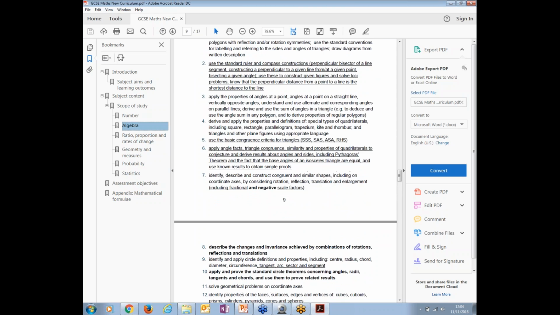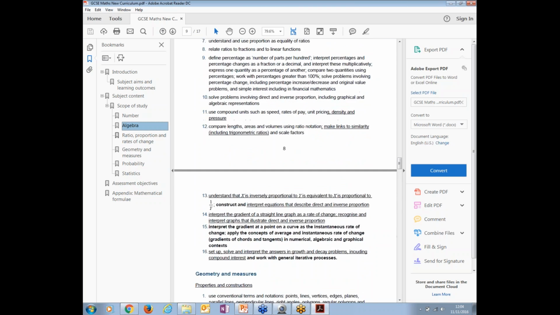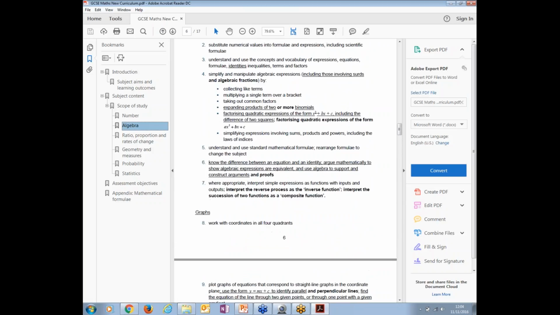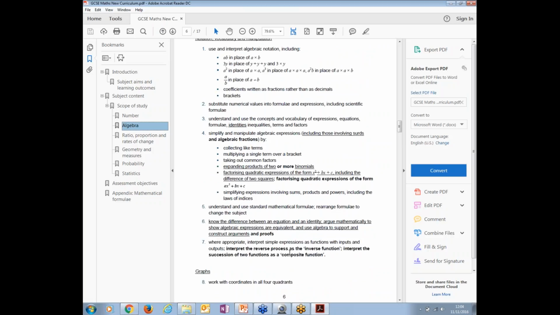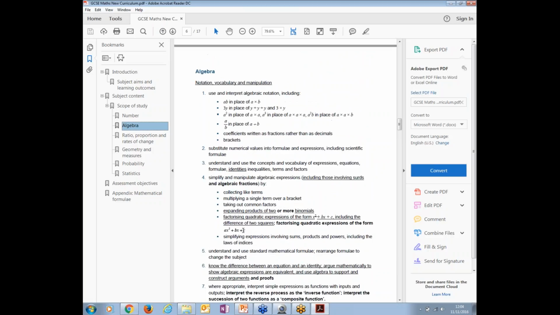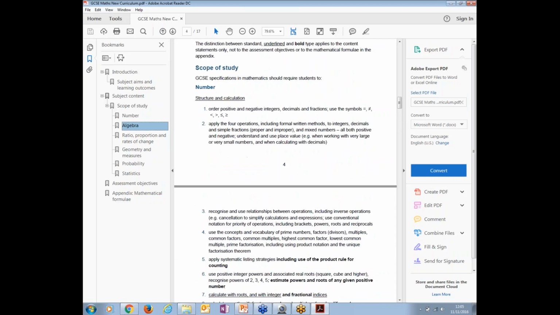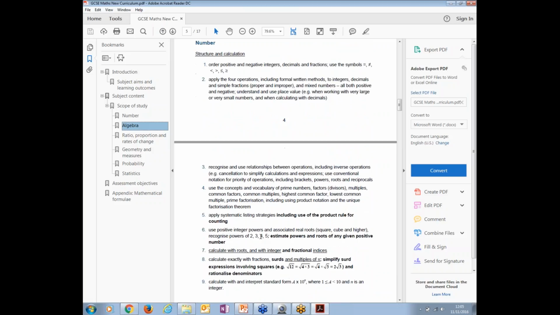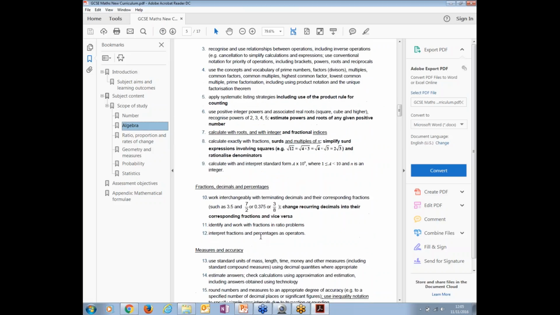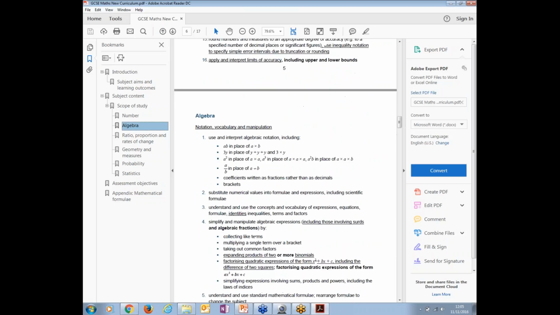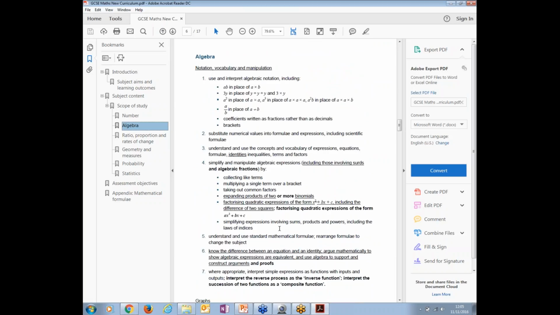It's somewhere around here, must be the applications. Interestingly, I can't actually find where it talks about the kinematic equations.